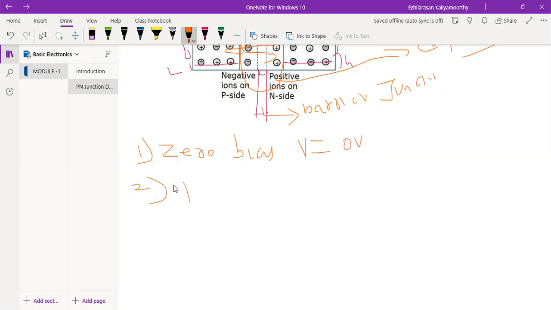The second is forward bias, where you have to connect the battery. The third is reverse bias. So, very important while writing the operation of the PN junction diode, we operate in three modes: zero bias, forward bias, and reverse bias.